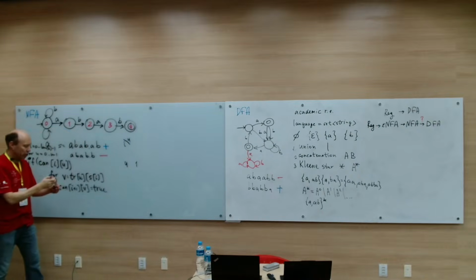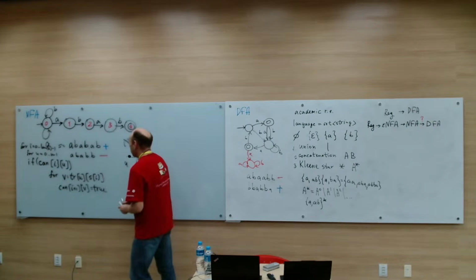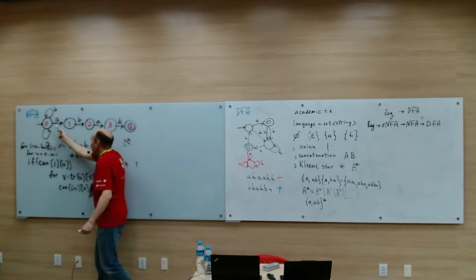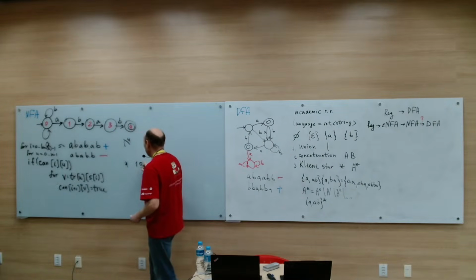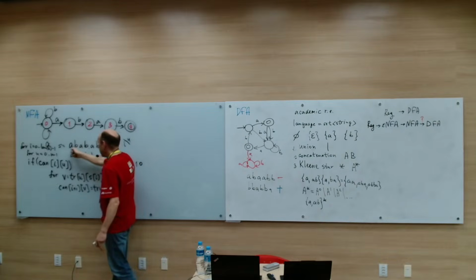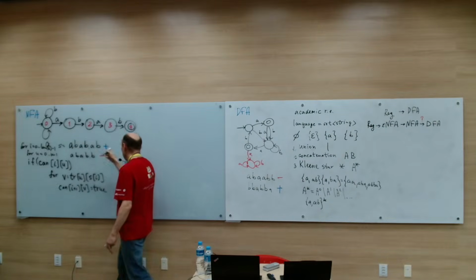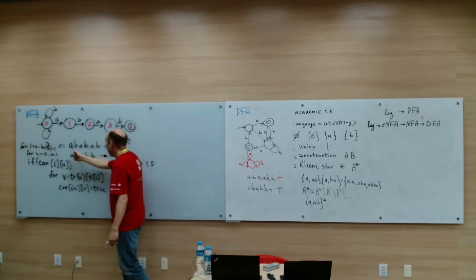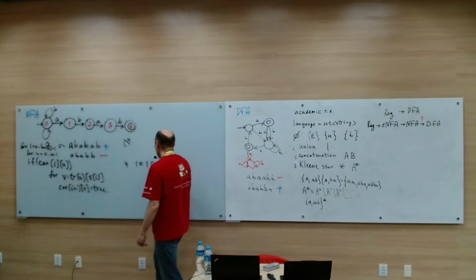Can we be in the state 1? I guess no, because it ends with B. Can we be in state 2? I guess yes: stay, go forward, go forward. Can we be in the state 3? No again. Can we be in the state 4? Yes, go forward, forward, forward.